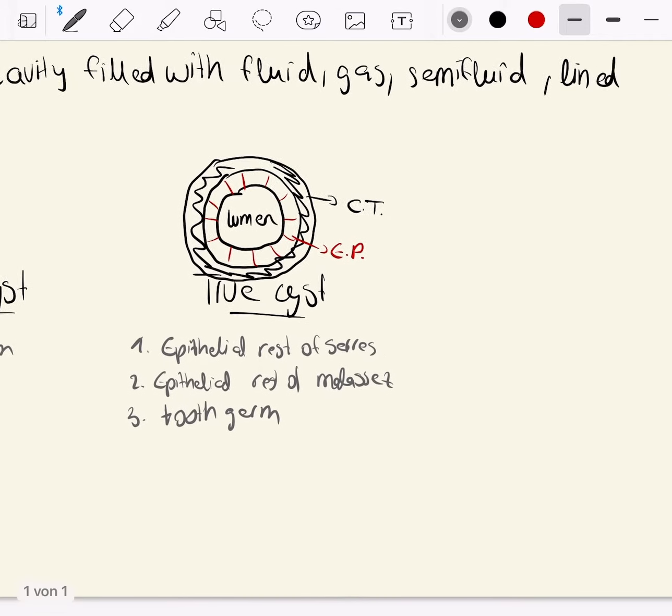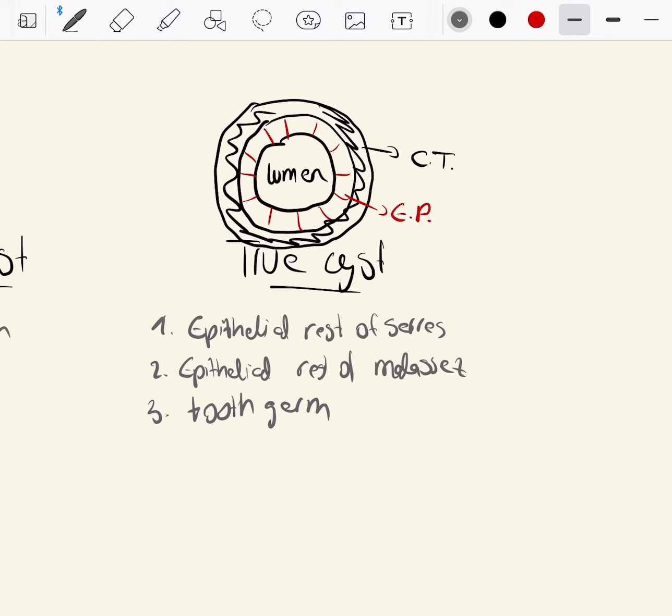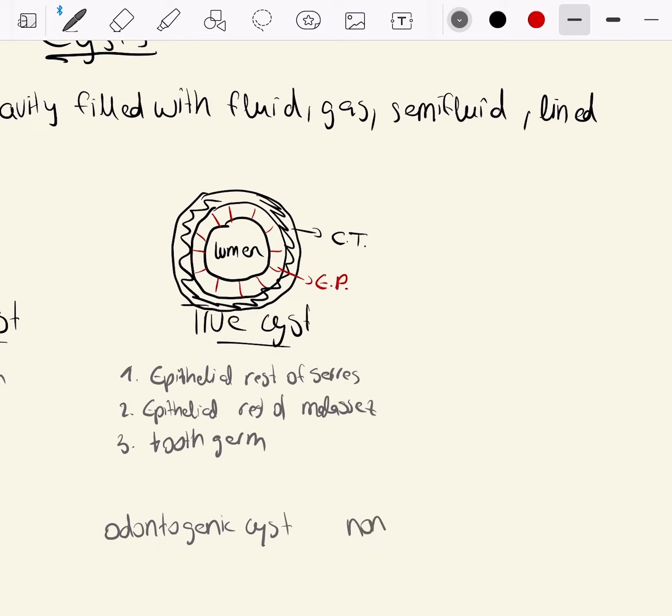So according to this classification, the true cyst can be divided into two main groups: the odontogenic cyst and the non-odontogenic cysts.